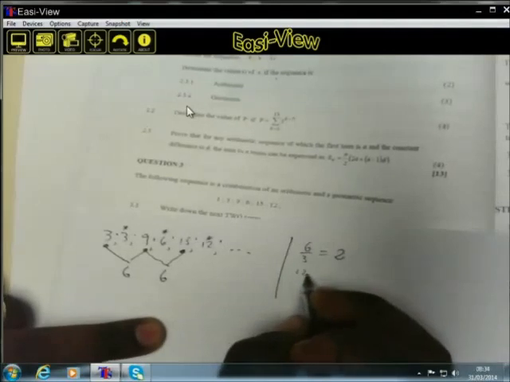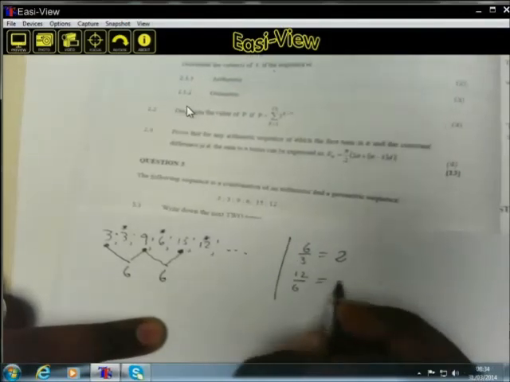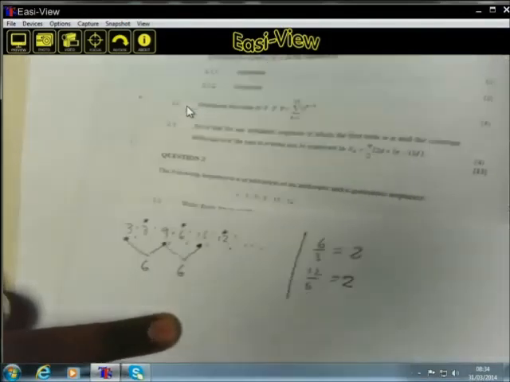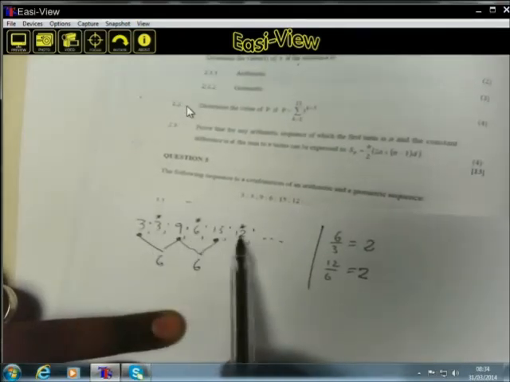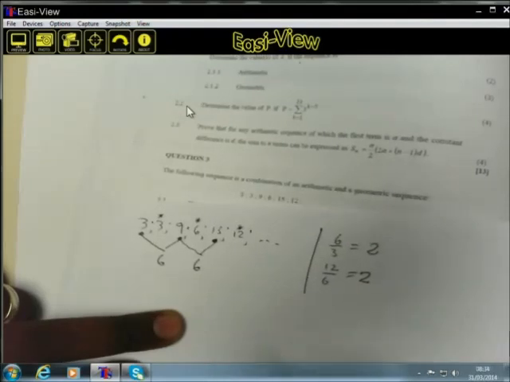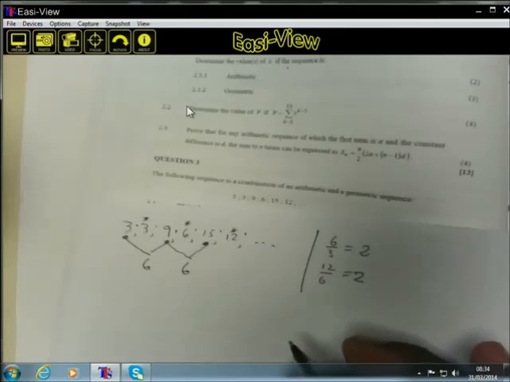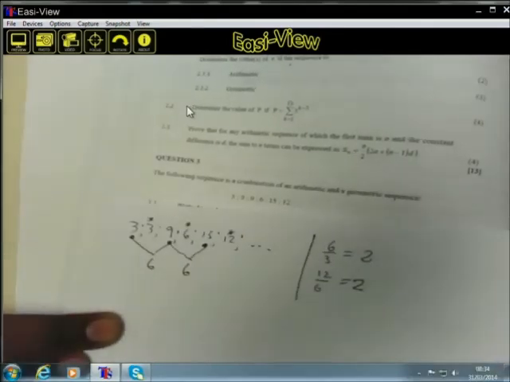And 12 divided by 6 also gives us 2, which means the sequence 3, 6, 12 is a geometric sequence. So indeed, we have a combination of an arithmetic sequence and a geometric sequence.